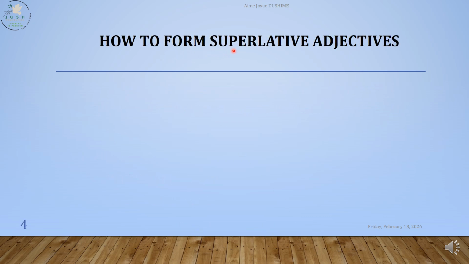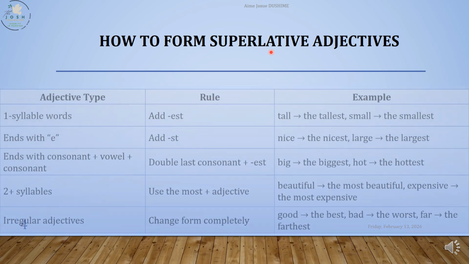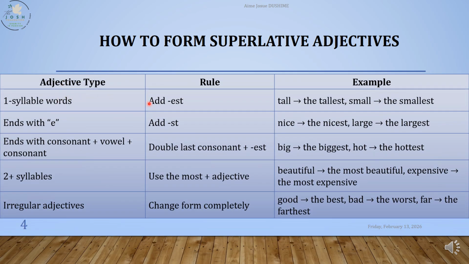How do we formulate a superlative adjective? When it is one syllable, we just add est. Remember, I said that a syllable, we can identify it by clapping. That's the easiest way to identify a syllable. And always we have the before the superlative.